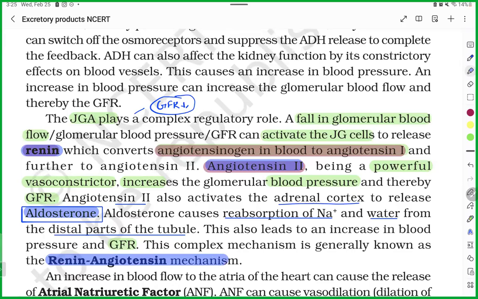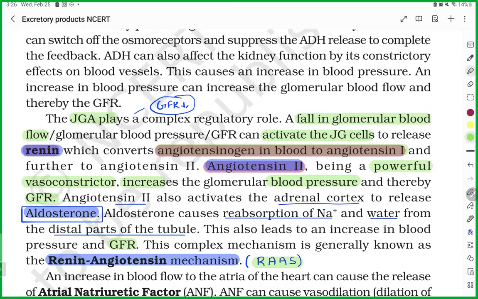Renin, angiotensin, aldosterone system. RAS. In MBBS, you get a 15-mark question on the same RAS mechanism. Renin, angiotensin, aldosterone. All three have the same function, to increase GFR. So increasing GFR means normal GFR. So normal means the person will become healthy.